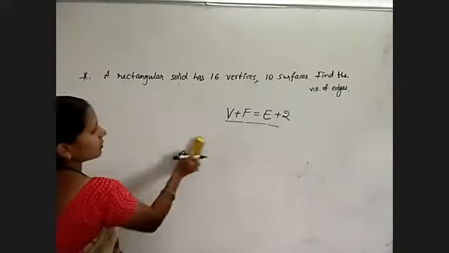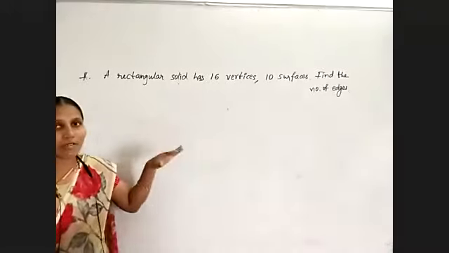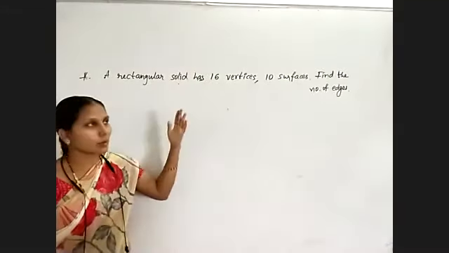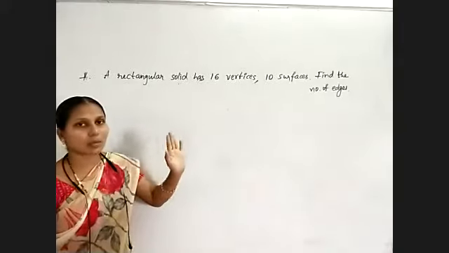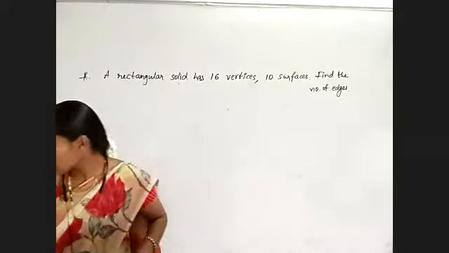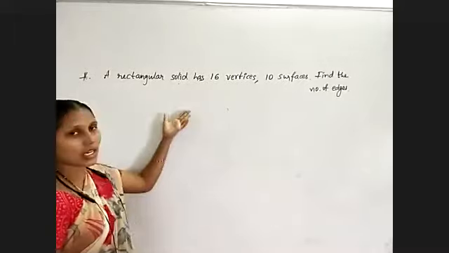Just to know the formula I am giving it now, but actually after that we have a separate chapter on solid shapes, the last chapter. So now I am not going to discuss that. Just observe what the formula is and how we simplify this question depending on that formula.